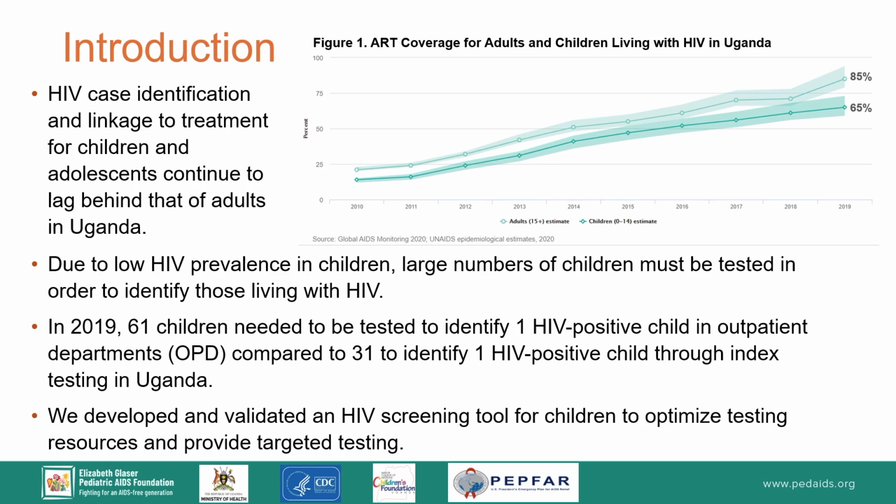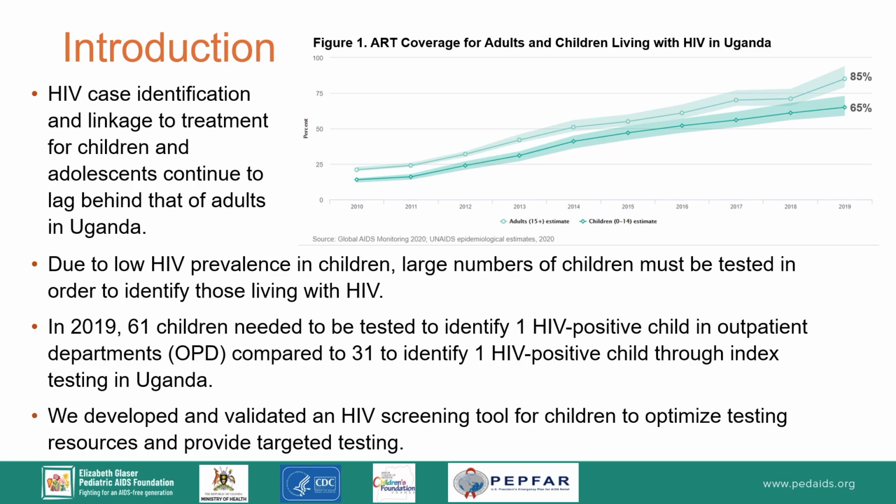Data from Uganda and other sub-Saharan African countries suggests that HIV case identification and linkage to treatment for children and adolescents lag behind that of adults. Identification of HIV-infected children presents a huge financial challenge.